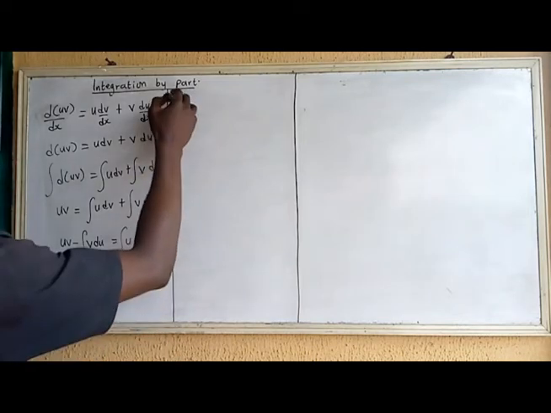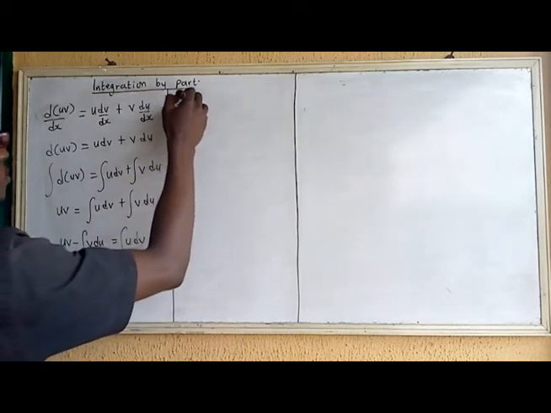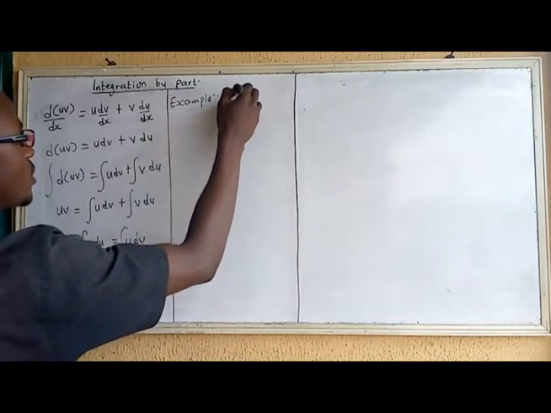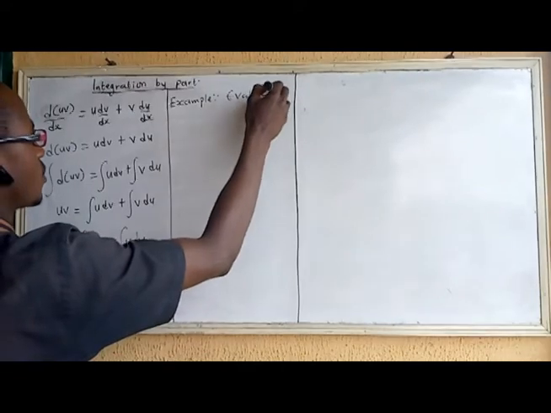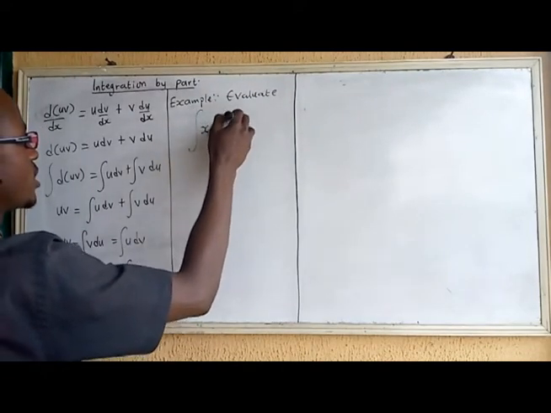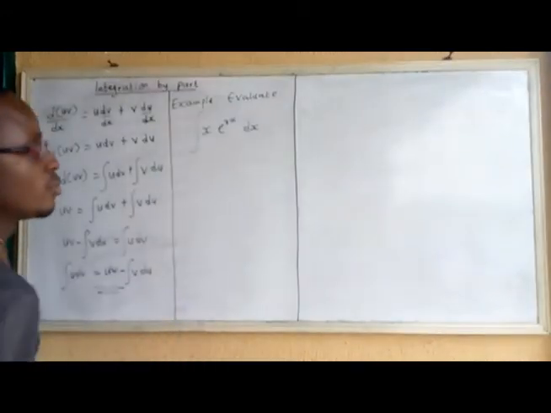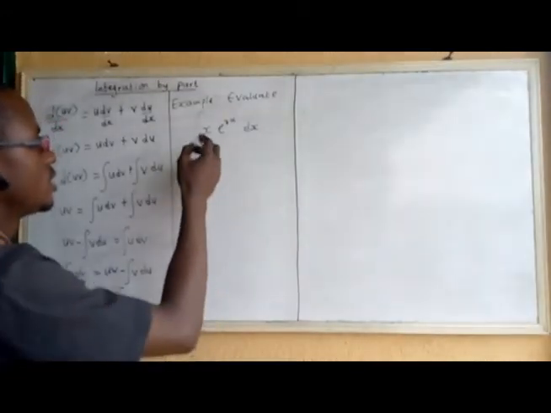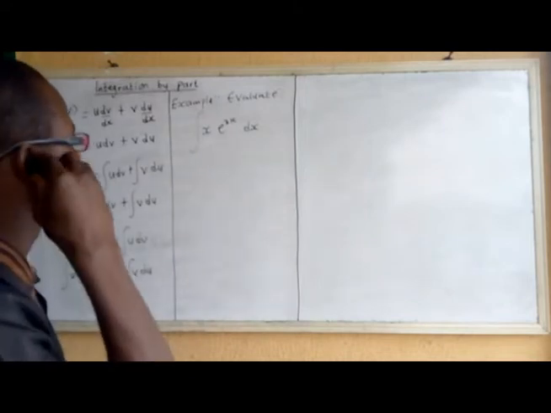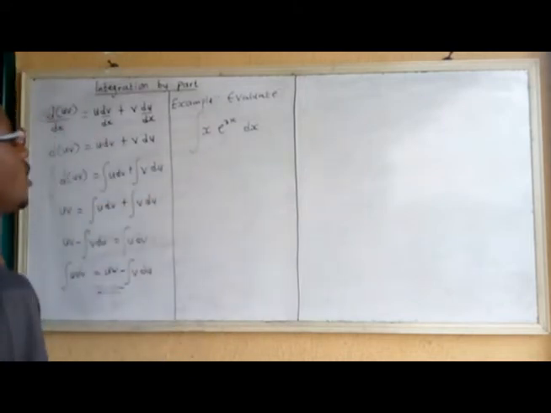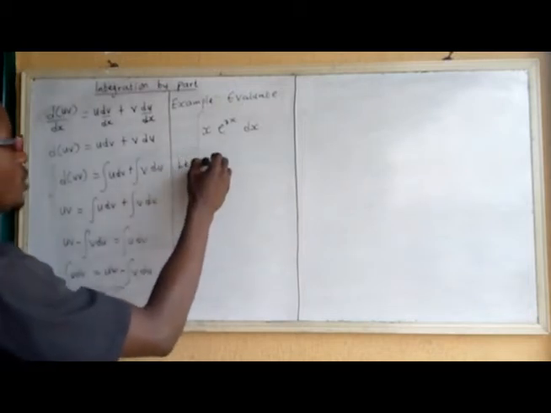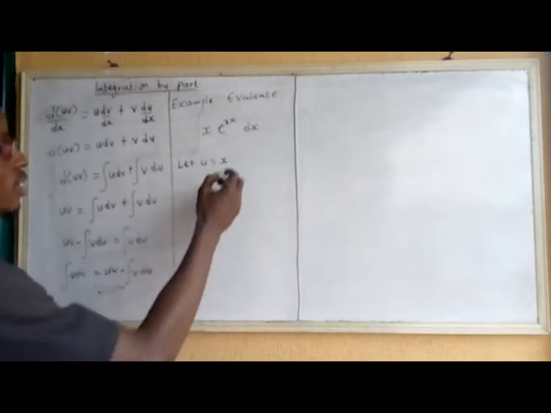Let's take, for example, evaluate the integral of x e raised to power 3x dx. This comes in the form of a product, because this is x multiplied by e raised to power 3x. The technique says let u equals x.